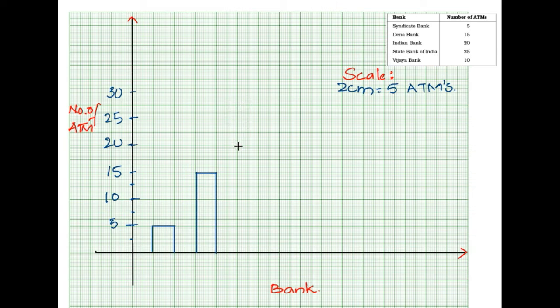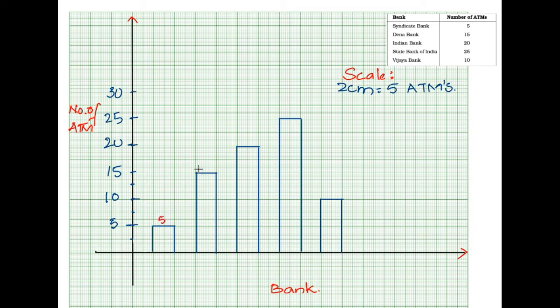Next we have 20, and next one is 25, next one is 10. Once it is done we can mention the numbers over here.